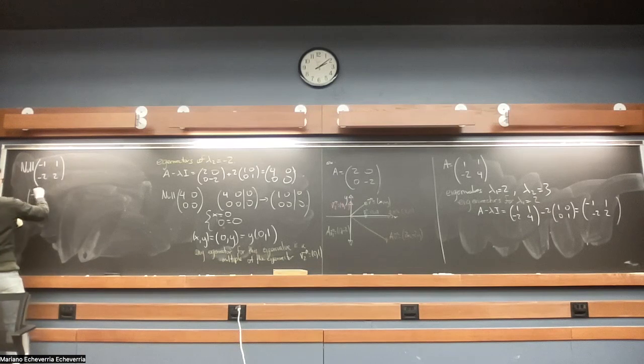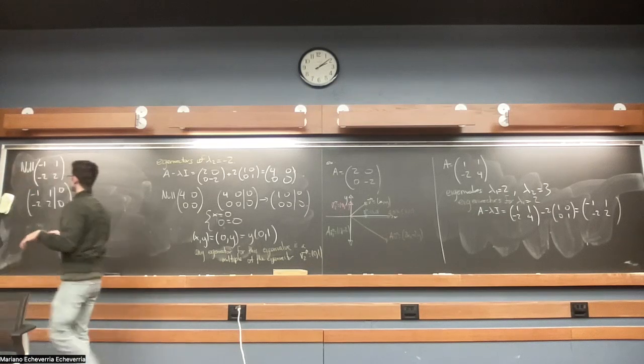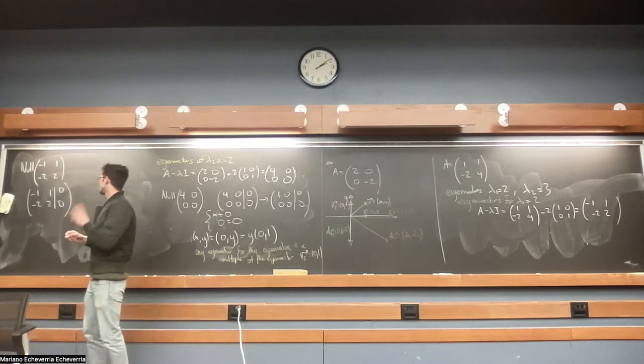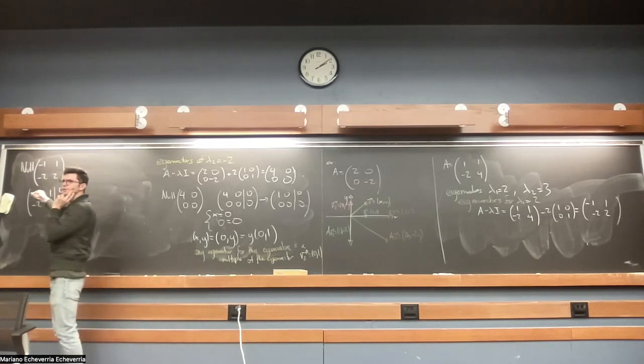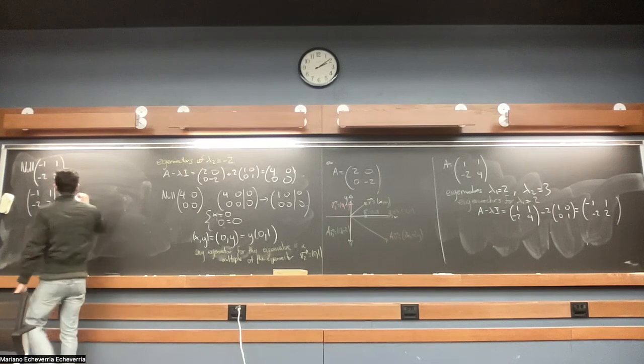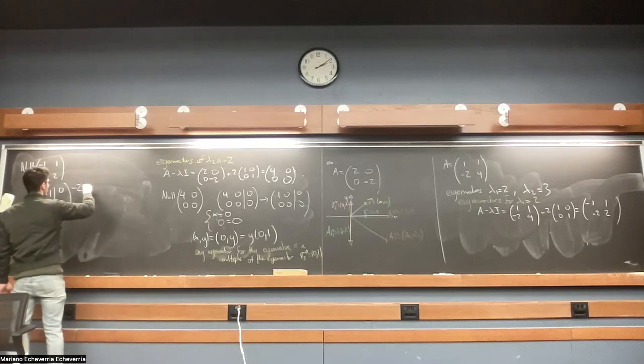So you have a method. Well, what you can notice in this case is that this second row is just 2 times the first row. So you can just do -2 row 1 plus row 2.